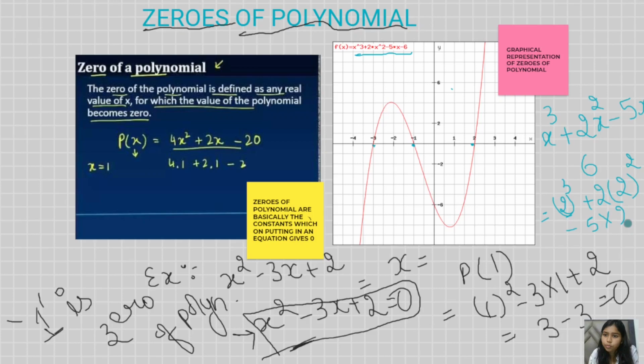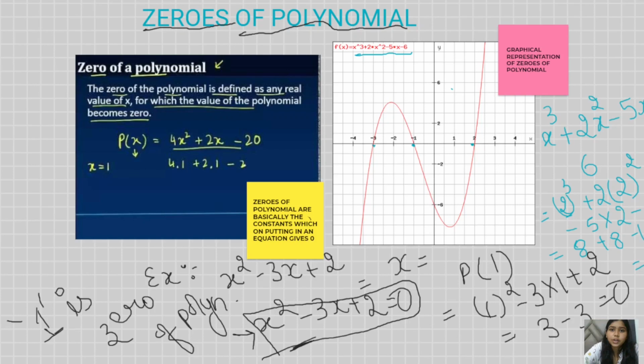So we'll get 8 plus 8 minus 16. So we'll get 0. Hence the graphical representation is completely proved. After putting the value 2 in the equation, we get 0. Hence 2 is the zero of the polynomial for this particular equation. Okay.